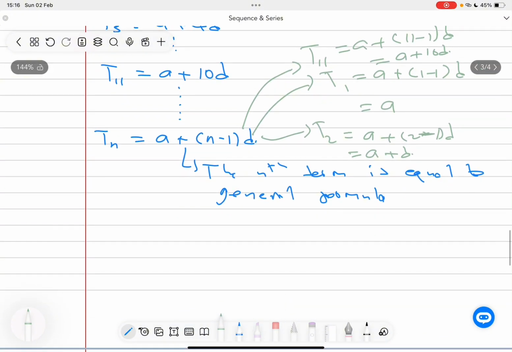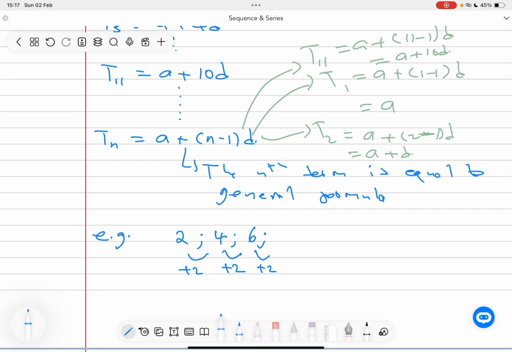So say for example we are given a sequence that starts with the number 2. 2 would represent the A here, the first term. I can add any number. Let's say I choose to add 2 here. Now I'm going to have a 2 plus a 2, and this will give me a 4. If I add the same number that I added at the start, a 2 here, I now have a 4 plus a 2, and this gives me a 6.